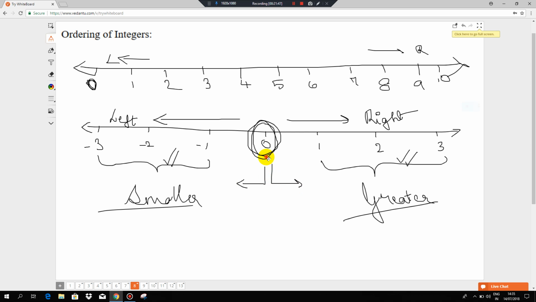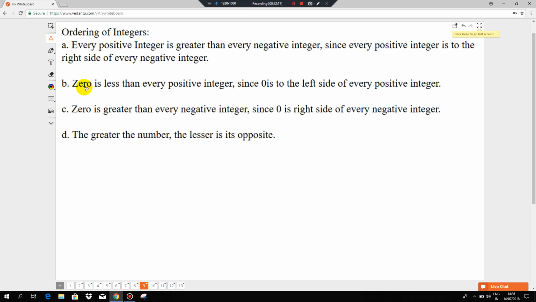What is the relation between negative numbers and 0? 0 is smaller than positive numbers and greater than negative numbers. This is known as ordering of integers. And in ordering of integers, we use signs like larger than, greater than, and equal to.